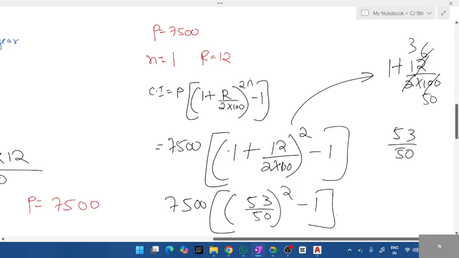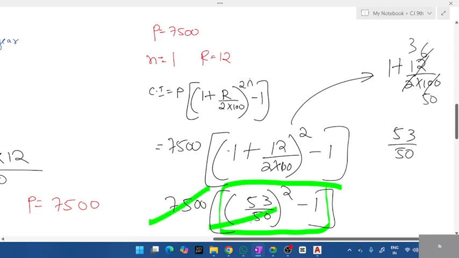Complete this. Look, first you have to complete this bracket 1, students. Minus 1. Don't try to reduce 50 and 75. You can't reduce it. According to board marks, you can't reduce directly. First you have to solve the bracket 1.